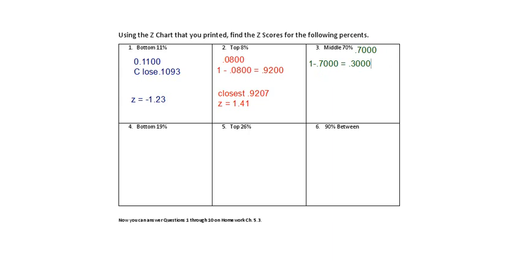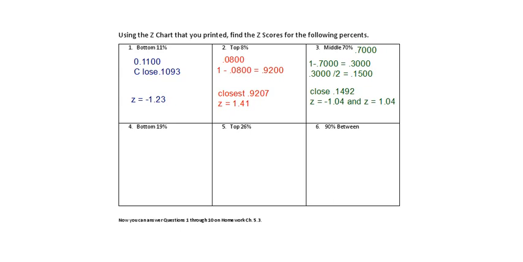But then 0.3000 divided by 2 is equal to 0.1500. All right. You're not going to find 0.1500, but the closest you will find is 0.1492. So what that means is we're going to have a z-score equal to negative 1.04 and positive 1.04, like so.